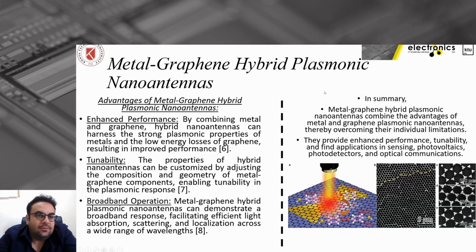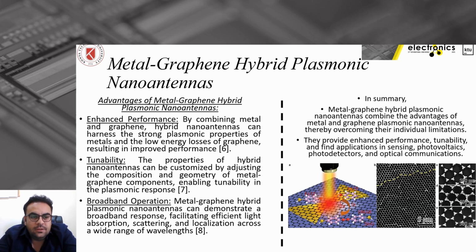And there are advantages of metal-graphene hybrid plasmonic antennas. Firstly, enhanced performance. By combining metal and graphene, hybrid nanoantennas can harness the strong plasmonic properties of metals and the low energy losses of graphene, resulting in improved performance. And secondly, tunability.